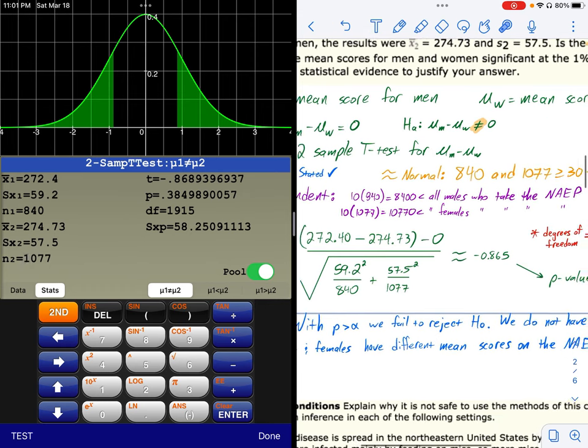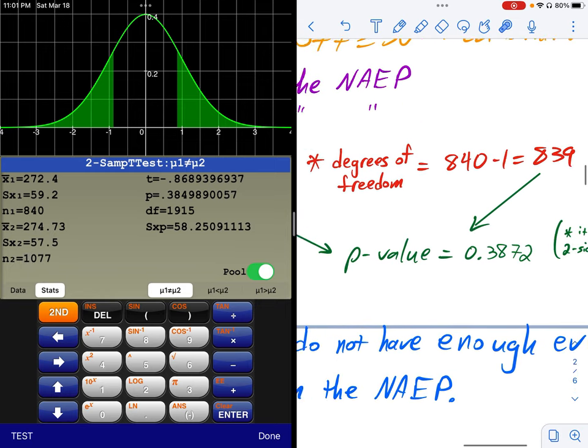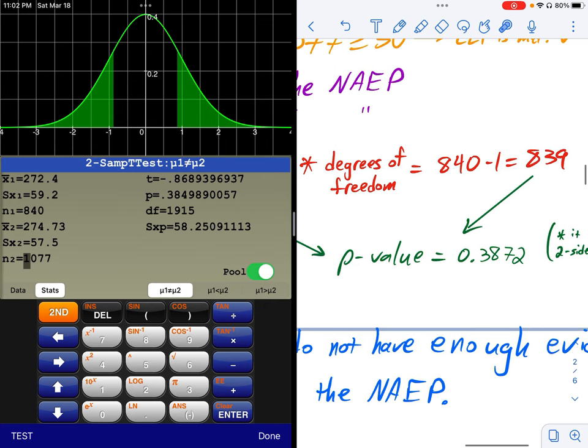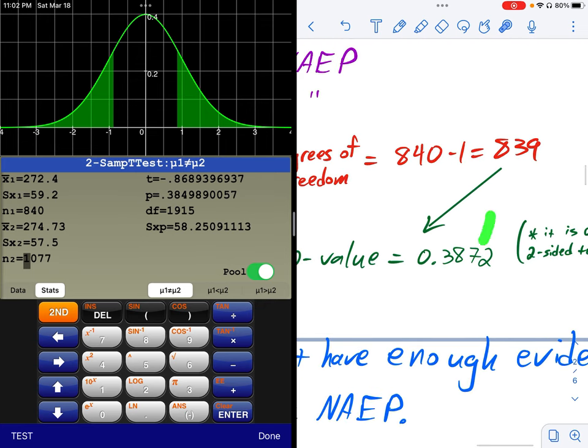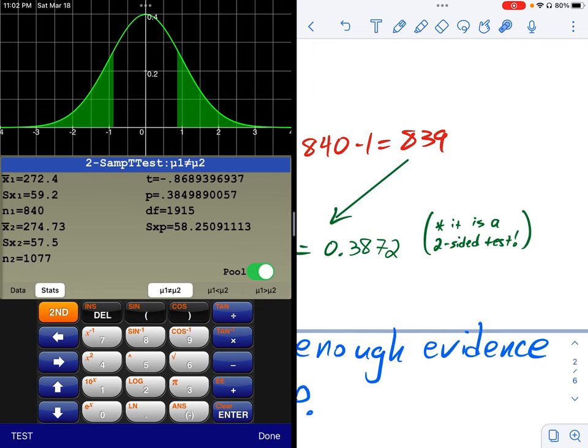So you can see the t-value matches up right there, -8.6. I guess I rounded it a little bit funky again. And my p-value, 0.38. Looks like I rounded it a bit odd again. I think I actually took this from the textbook, but you won't be marked down for this, the thousandth place, you guys. That's okay. Do notice that this is a two-sided test.